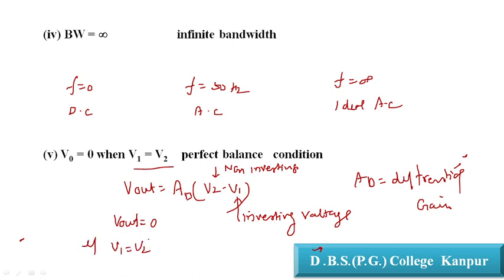Regarding this equation, you are getting the output voltage as 0. So this is called the perfect balance condition: an ideal operational amplifier gives an output of 0 whenever the input voltages V1 and V2 are the same.